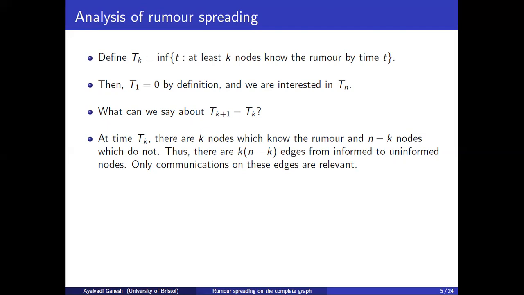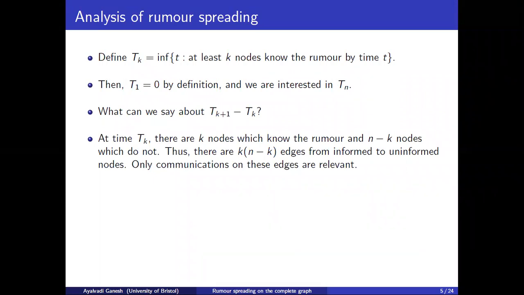Now, what can happen? There are two nodes within this set which could communicate, in which case a node which knows the Rumour repeats it to somebody who already knows the Rumour, so nothing happens. Or two nodes within this set of size n minus k could talk to each other, in which case, since neither of them knows the Rumour, again, nothing happens.